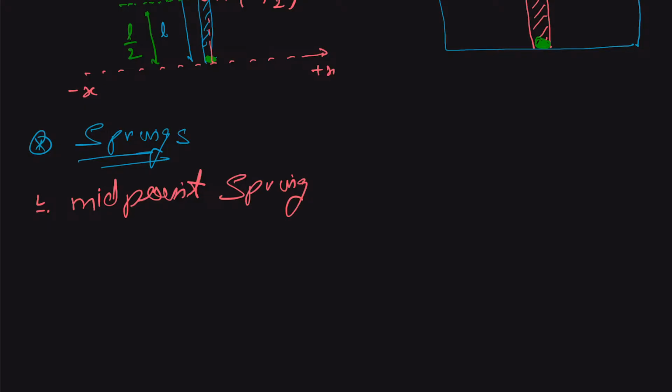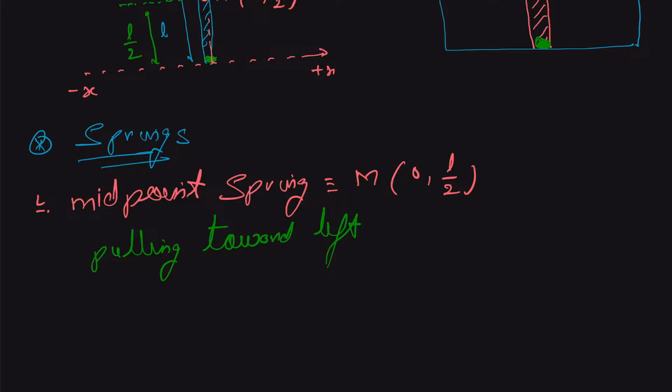Its coordinate, which we called M, will be 0 comma L by 2, and it will be pulling leftward, which is basically our negative x direction.